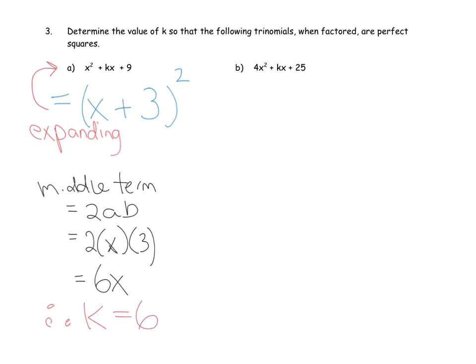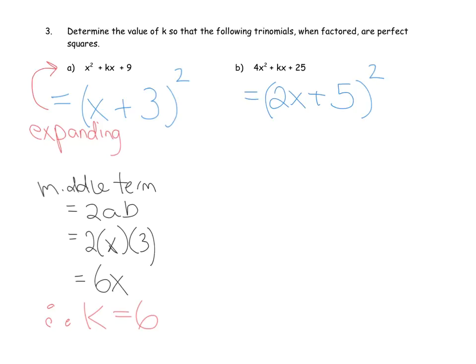This one's a little bit more complicated. So if I'm thinking about factoring this one, I recognize right away that that's a perfect square, that's a perfect square, okay? So I know that it equals a binomial squared when factored. I take the square root of the first term, which is 2x. I take the square root of the second term, which is 5, and it's positive because the signs are all positive.